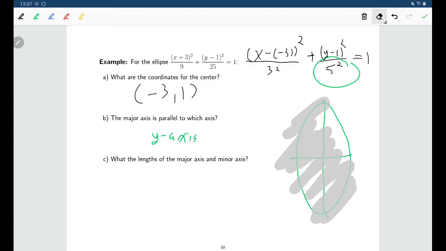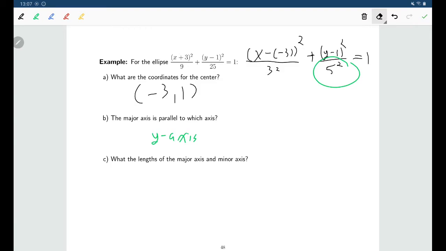All right, so the next part is determining the lengths of our major and minor axes. And this is where we need to remind ourselves that if we're thinking about the major axis, the 5 that I have there for 5 squared is telling me that I'd be going from the center 5 units above and 5 units below.